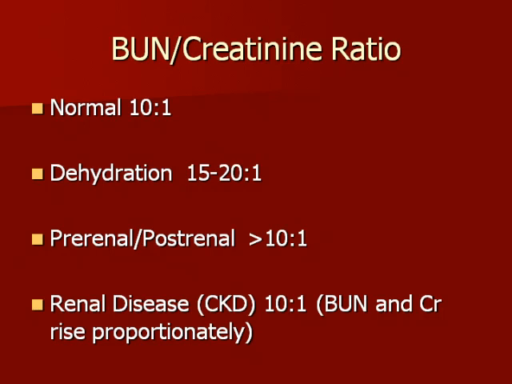So when you're interpreting the BUN creatinine ratio, you're trying to determine if it's pre-renal, intrarenal, which would be acute tubular necrosis, or post-renal, which would be bladder obstruction. So I have an 80-year-old male who comes into the hospital and he just doesn't feel good, and they do a BMP, and his BUN is 42 and his creatinine, let's say his BUN is 50 and his creatinine is 2.